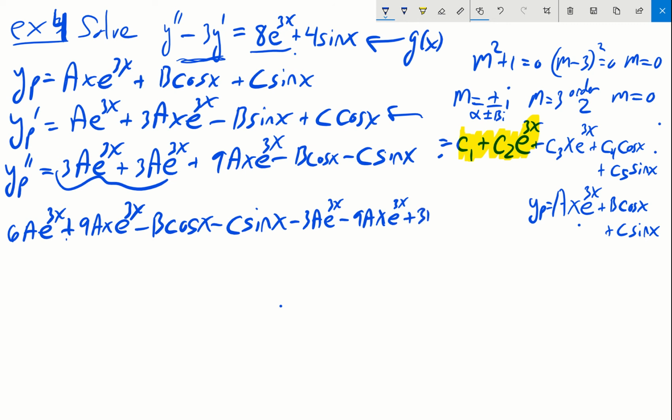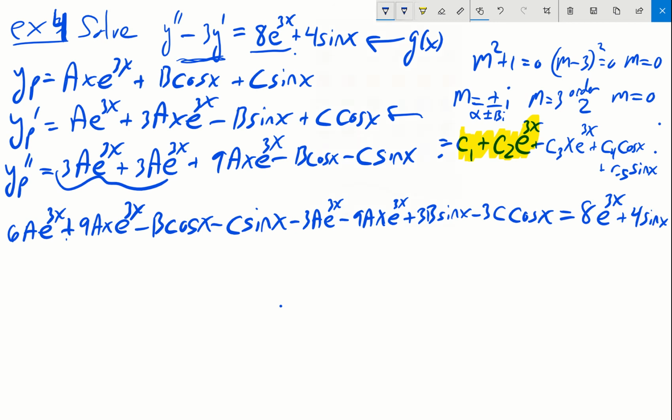That'll become a plus 3B sine x minus 3C cosine x. And this is supposed to be equal to 8e to the 3x plus 4 sine x.